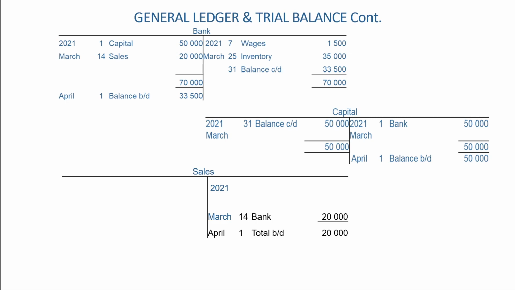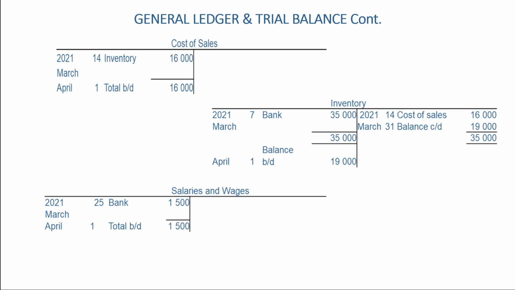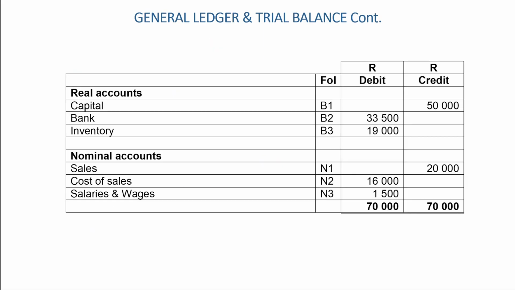So this is just a summary of the previous activity that occurred from 1 to 25 of March 2021. This was recorded in the balances, and now you have to indicate the balance for all the assets, liabilities, and equity transactions, and also indicate the totals for those other accounts which are non-balance sheet accounts, which are nominal accounts, and then post all of these to your trial balance.